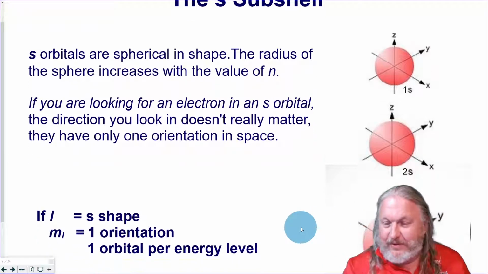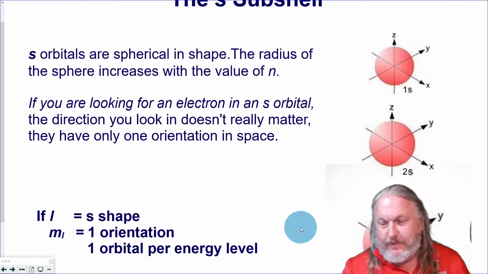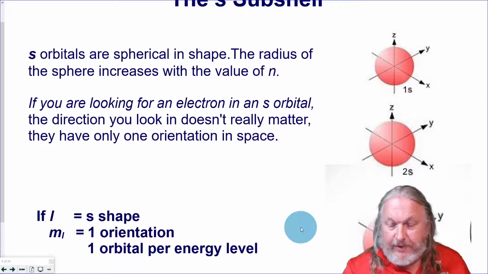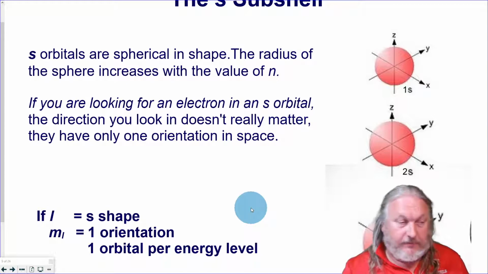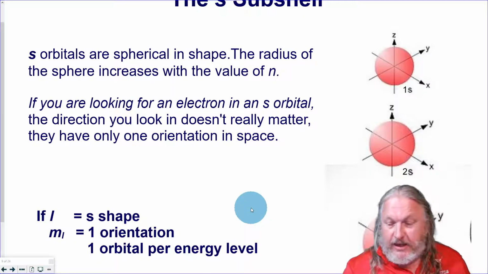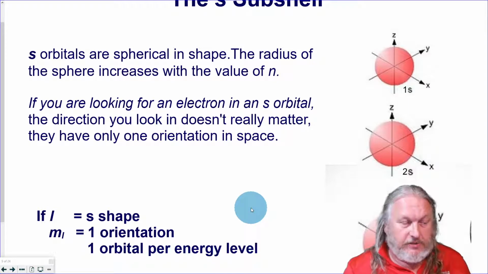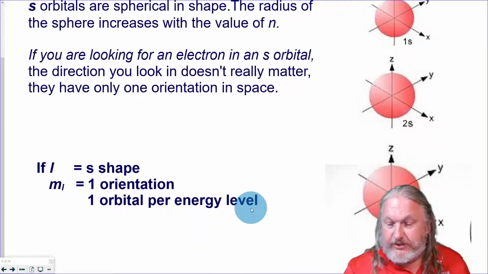Okay? Now, it doesn't matter about the ML number because there's only one orientation in space, a sphere or a ball. So the L number for the S subshell has one orientation, and it's only one orbital per energy level.